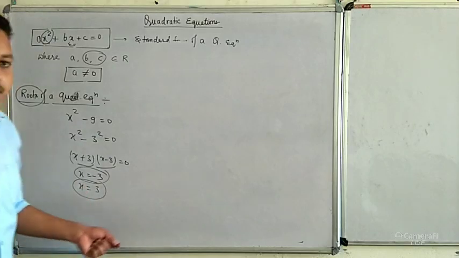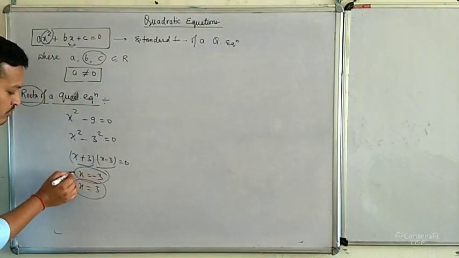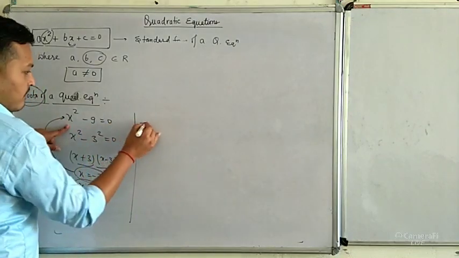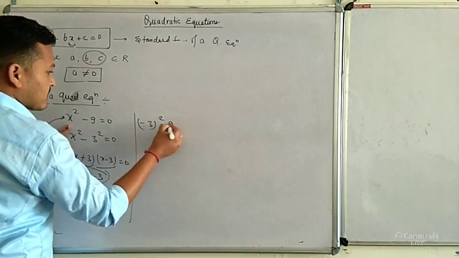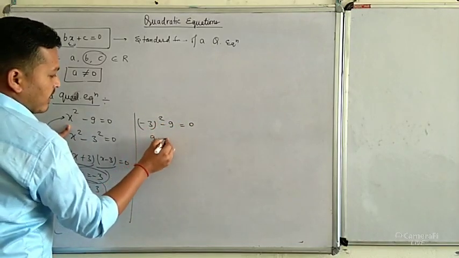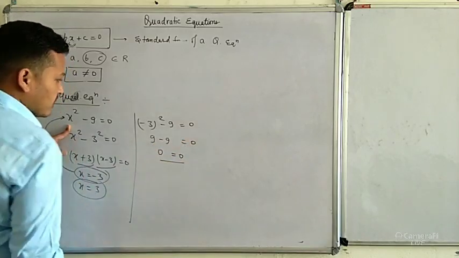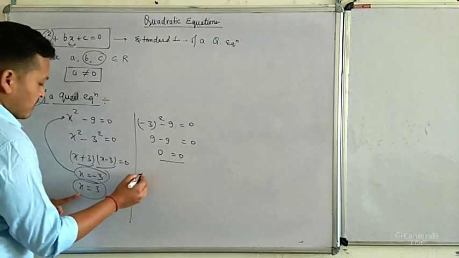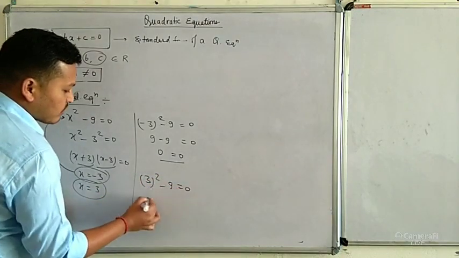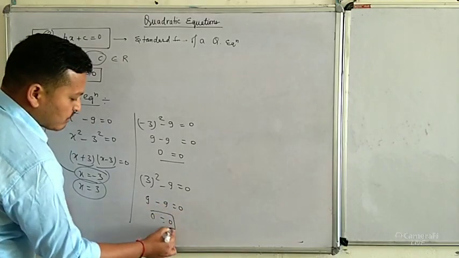These two values are known as the roots of this equation. When we substitute x equal to minus 3 in the given equation, minus 3 whole square minus 9 is 9 minus 9, which is 0; the left hand side is 0 and the right hand side is 0. Similarly, substitute the other value, x equal to 3: 3 whole square minus 9 is 9 minus 9, equal to 0, so both sides are 0.